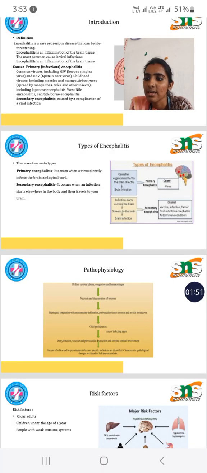Secondary encephalitis occurs when an infection starts elsewhere in the body and then travels to the brain. In primary encephalitis, the causative organism enters the brain directly; the cause is a virus. In secondary encephalitis, the infection starts outside the brain, spreads to the brain and leads to brain infection. The causes of secondary encephalitis are vaccine, infection, tumor, post-infection encephalitis, and autoimmune conditions. These are all the common causes.